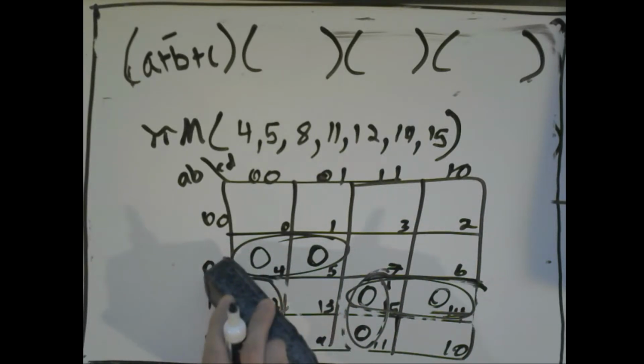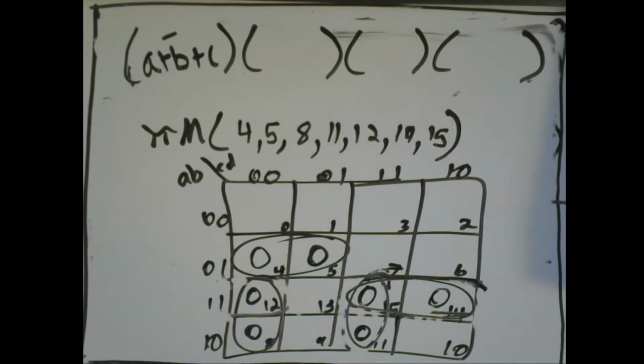So as long as you cover the most terms with the least number of implicants, you're good. There's 1 or 2 different ways you could cover it to get the same number of prime implicants. This is just the particular way I did it, but that's a good observation.